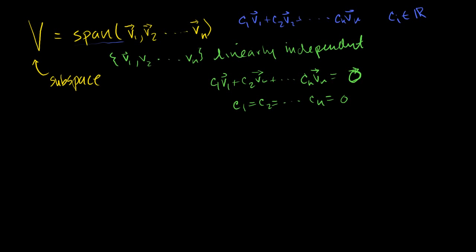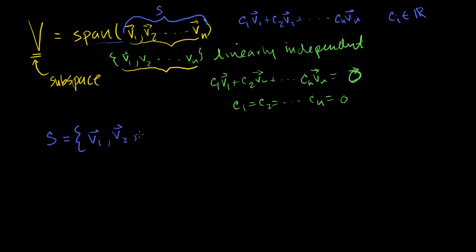Now, if both of these conditions are true, that the span of this set of vectors is equal to this subspace, or spans this subspace, and that all of these vectors are linearly independent, then we could call this set of vectors S, where S is equal to v1, v2, all the way to vn.